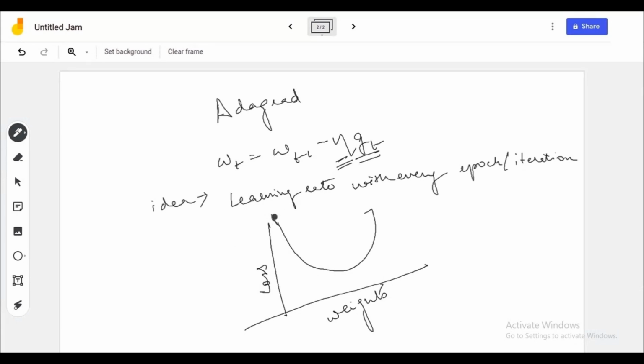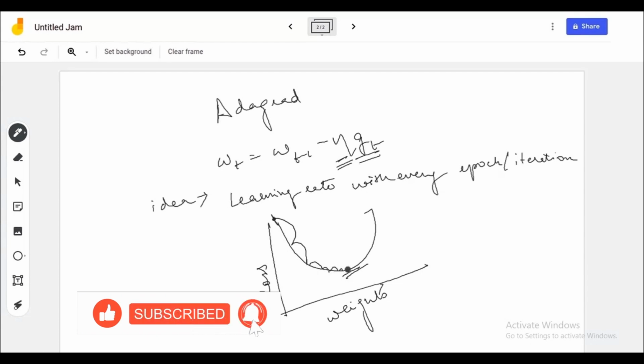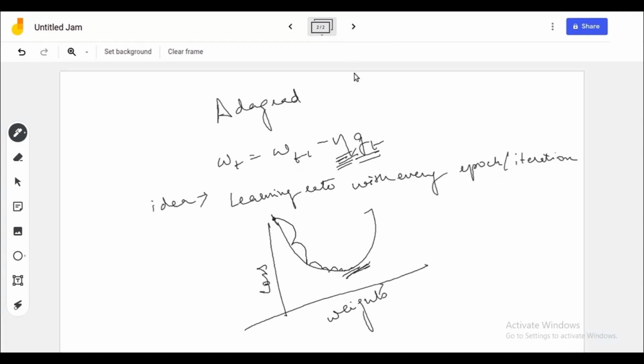In the initial stages we can take bigger steps, but as we come closer to the minima we can slow down the learning rate and take smaller steps which keep on decreasing every time. So we can finally converge to the minimum loss. This was the main idea behind Adagrad: to change the learning rate with every epoch so that as it gets closer to the minima, it decreases itself. So we don't have to change the learning rate every time.